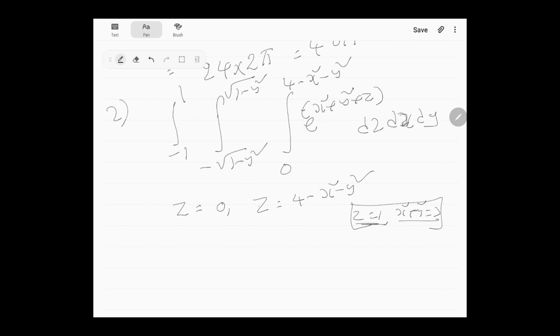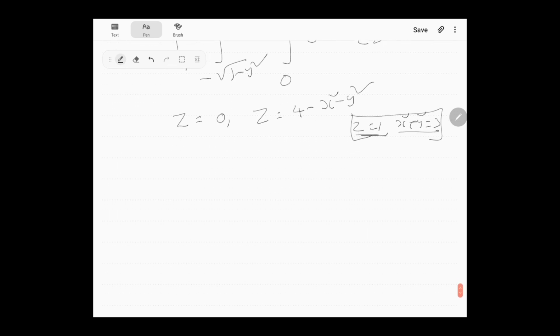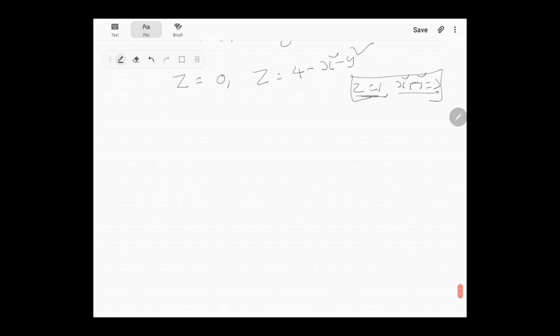For z is equal to 5, x square plus y square is equal to -1 you will get. Therefore, it will not be more than 4. So this is z. On the z-axis, x and y become 0, so only at 4 it touches. This is an inverted paraboloid, like this it will be.